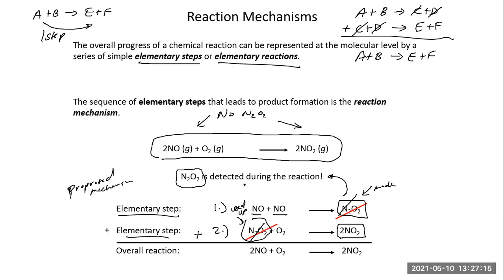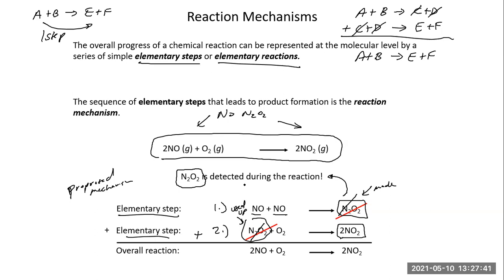Again, this accounts for why, when they do this reaction, they detect N2O2, but it is not present when it's all said and done. So this is a nice way to summarize how this reaction takes place, and that's what reaction mechanisms try to do. They try to explain how a particular reaction could take place.